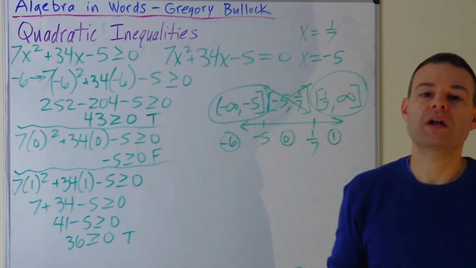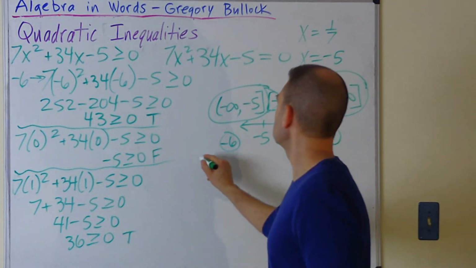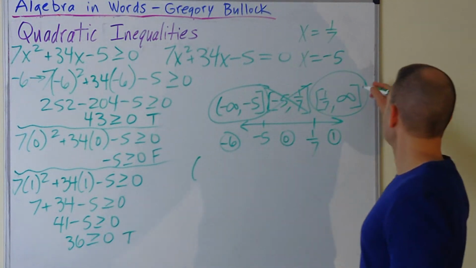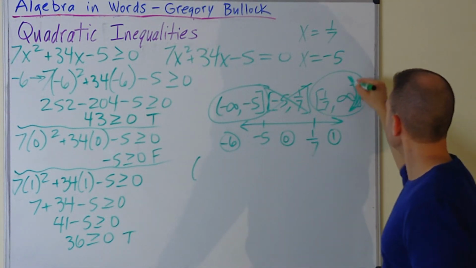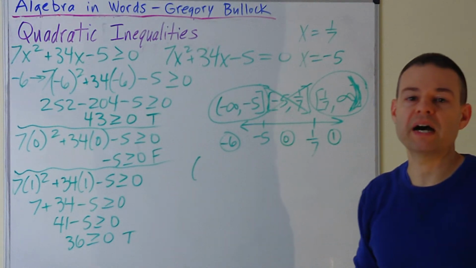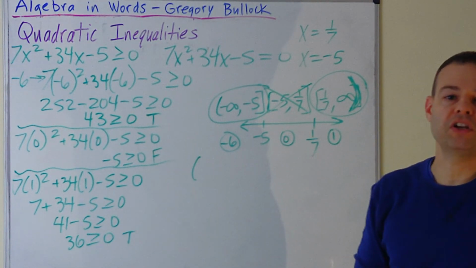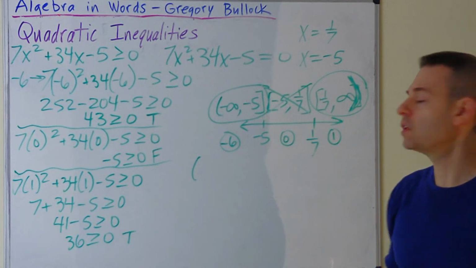So the way that we want to officially report this is to rewrite it, and sorry, this should be a parenthesis. There should always be a parenthesis by an infinity or negative infinity.